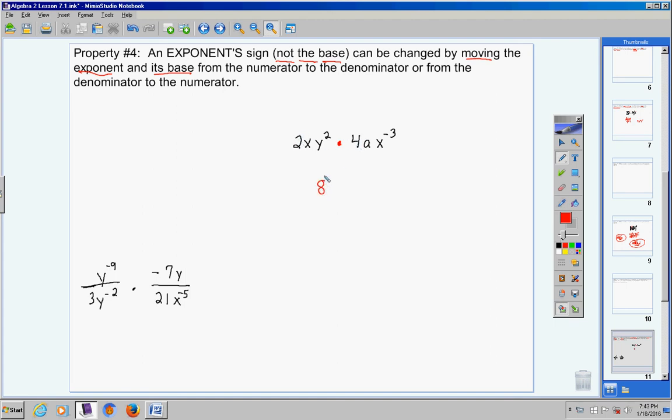Now, you have an x times an x. You're multiplying like bases, right? The x once. You have a 1 here and a negative 3 here. Add your exponents. I have a y squared, no y over here to multiply with it, bring it down. I have an a here, no a over here to multiply, bring it down.